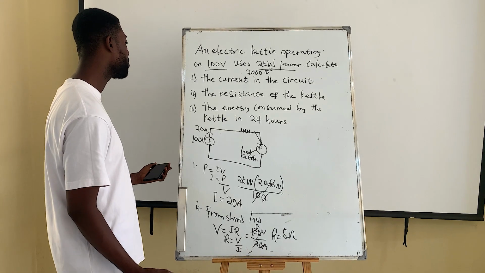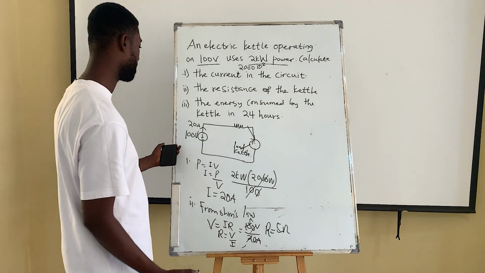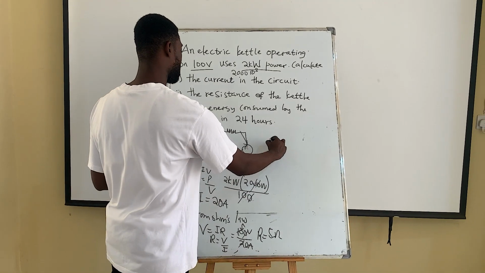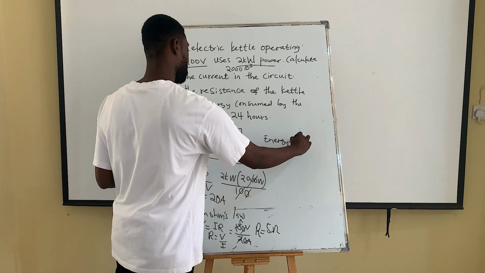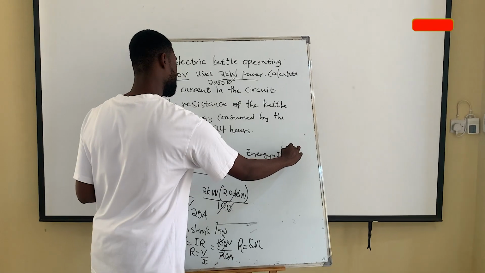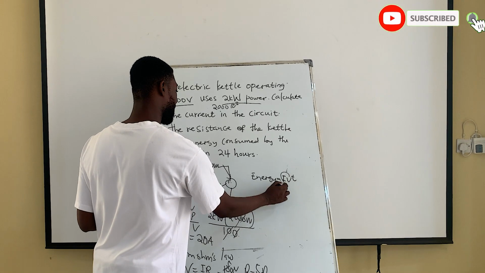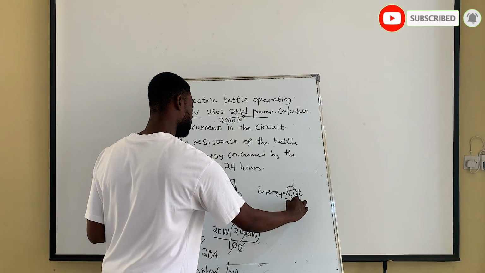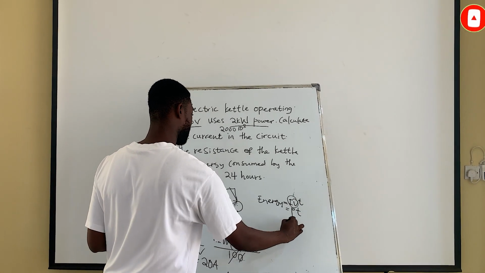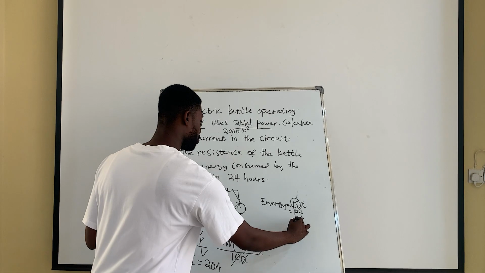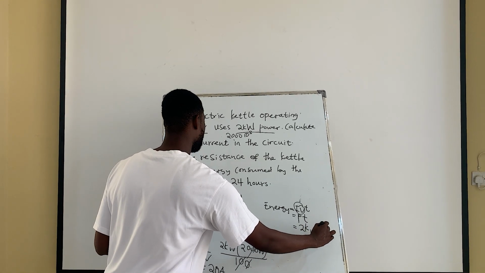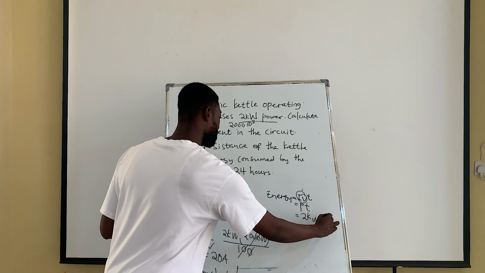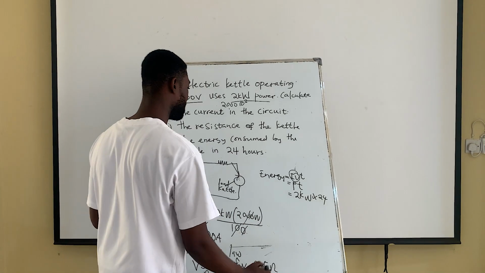Now, what is the energy consumed by the kettle in 24 hours? So remember, we said what? Energy is equal to your IVT. Now, this IV is power. So energy is equal to power times time. The power is 2 kilowatts, and the time used is 24 hours, which is within 1 day.